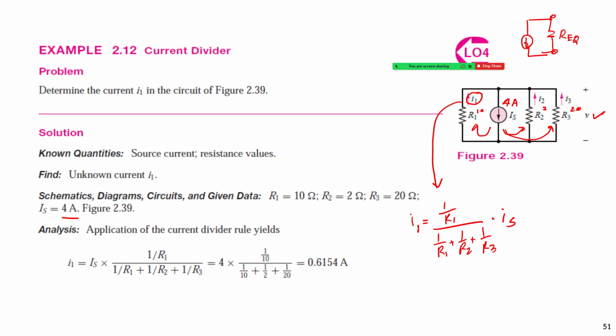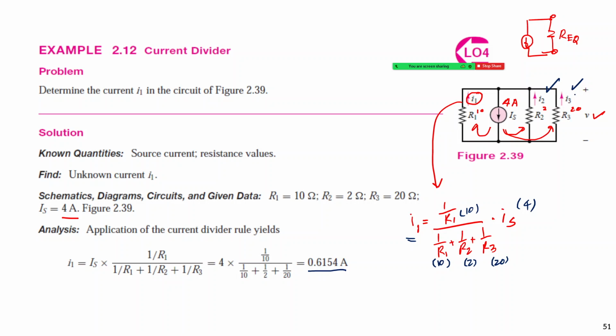Because you already know R1 is 10, R2 is 2, R3 is 20, and Is is 4. Just substitute the variables and you will get I1, and in this case I1 is 0.6154 amp. So you can also compute I2, I3 in a similar way. So we call this method current divider.